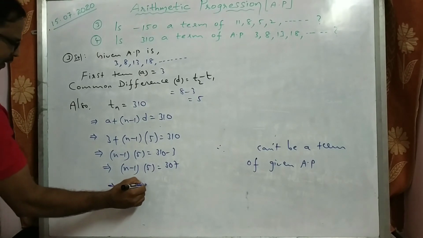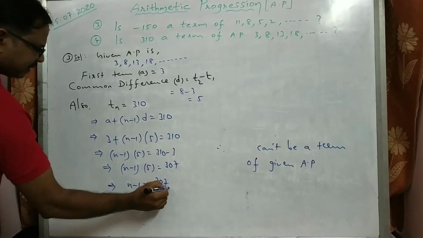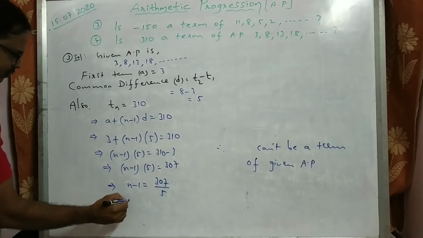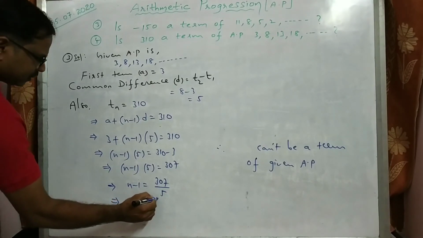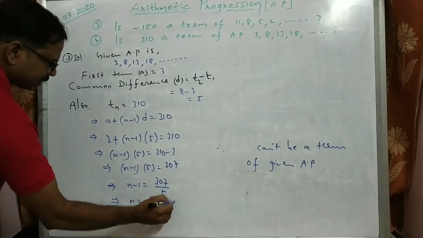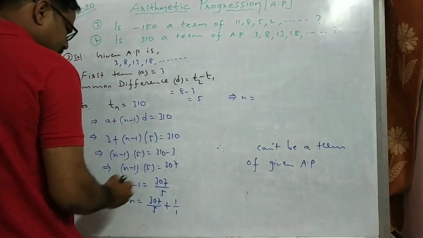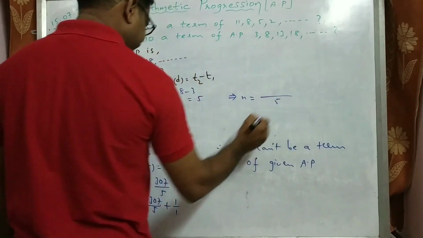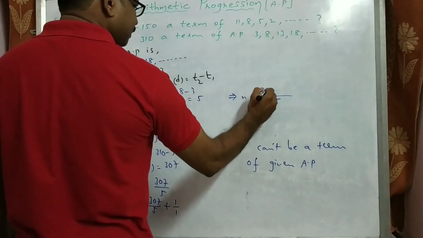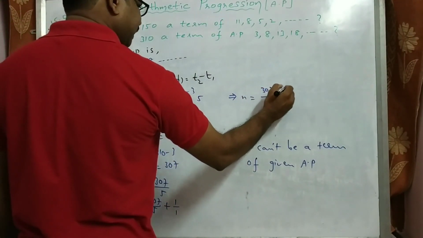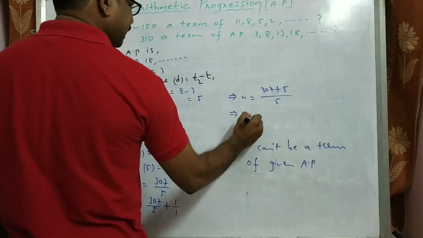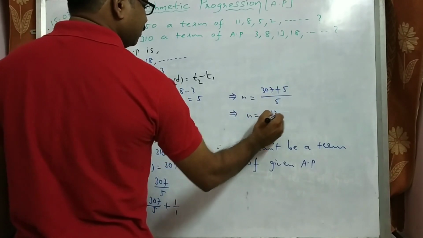So n minus 1 equal to 307 by 5. Minus 1 will be plus 1, so 307 by 5 plus 1. Take the LCM as before. So n equal to 307 plus 5 over 5. So n equal to 312 by 5.